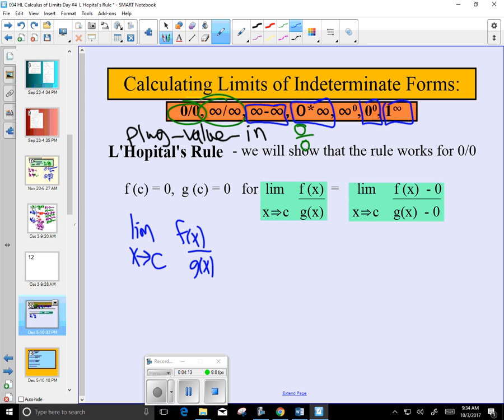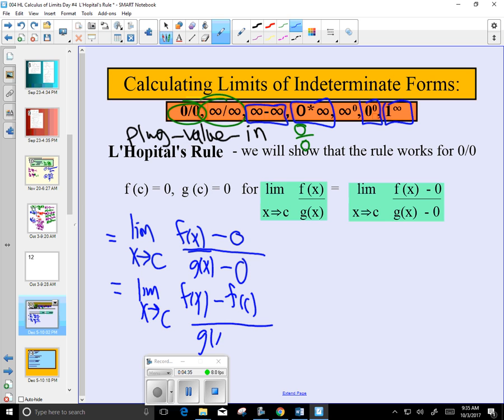Well, if you extend this out, is this a legal algebra move? That's still equivalent, isn't it? So then this is equal to the limit as x approaches c of f of x, and we already said 0 was equal to f of c, right? And 0 is also equal to g of c. See how I did that? Pretty clever.